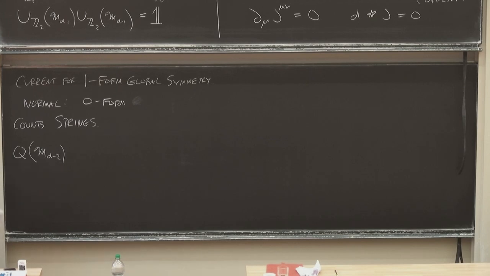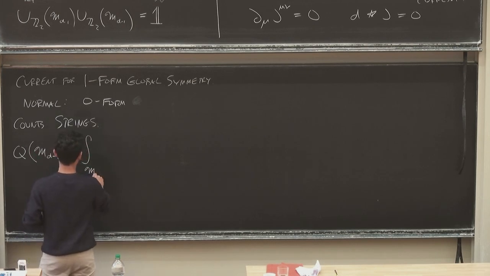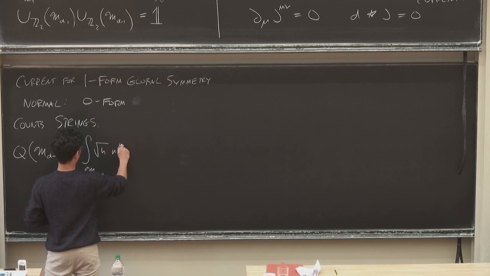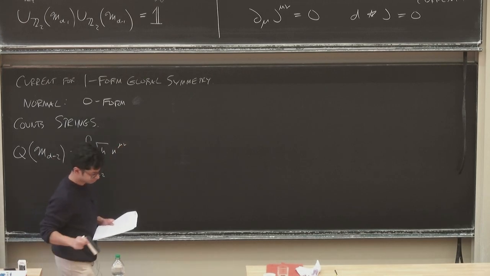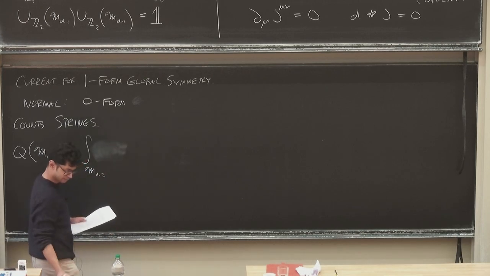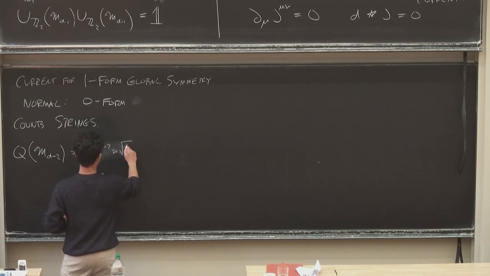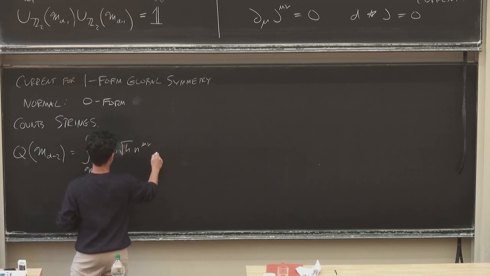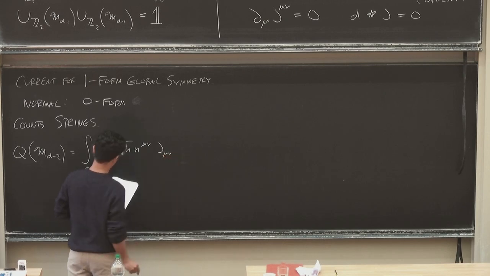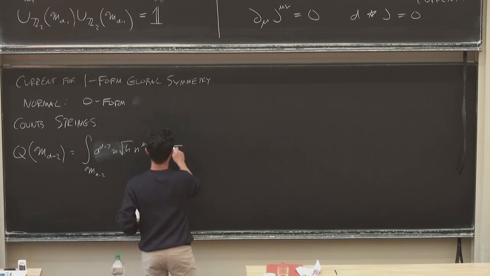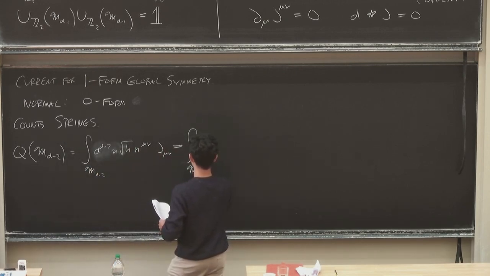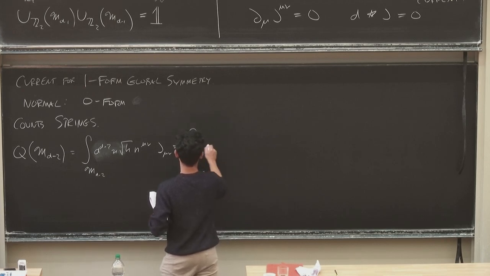And in indices, this thing looks like this. You integrate d to the d minus 2 x root h n mu nu j mu nu. And in forms, this looks like this, star j.